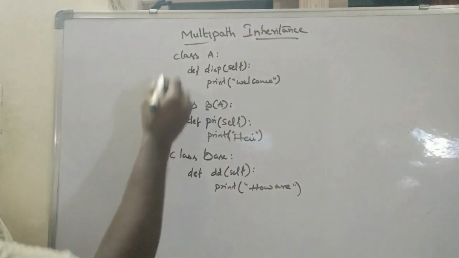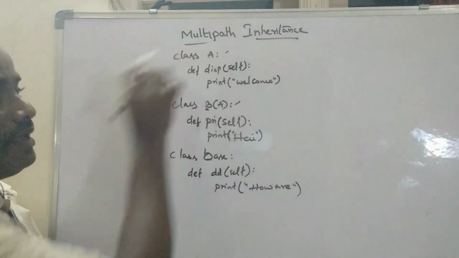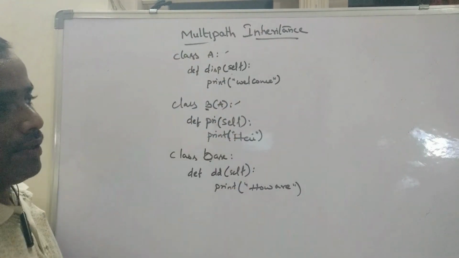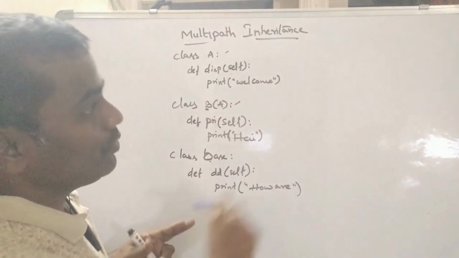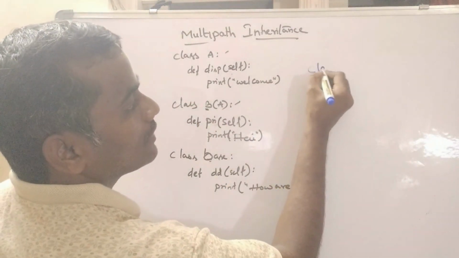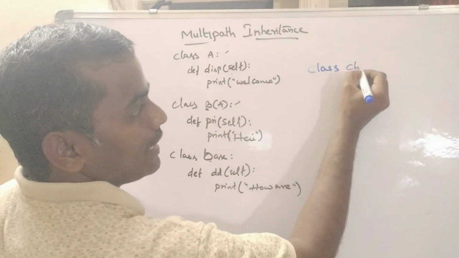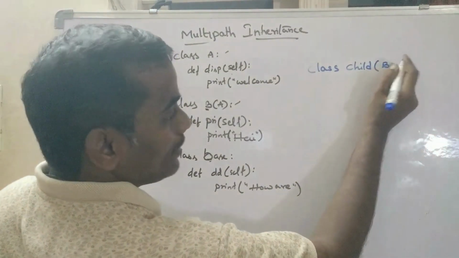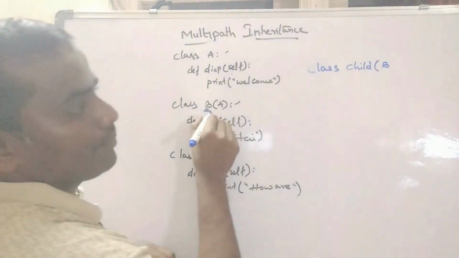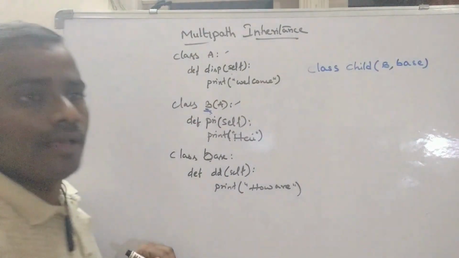Now I have two classes. A is a parent class, B is a child class of the parent A. Now B is one base class. Now here I have to derive one class that is called a child class. Suppose class child. Now this child class is derived from B, as well as one more class called base class.